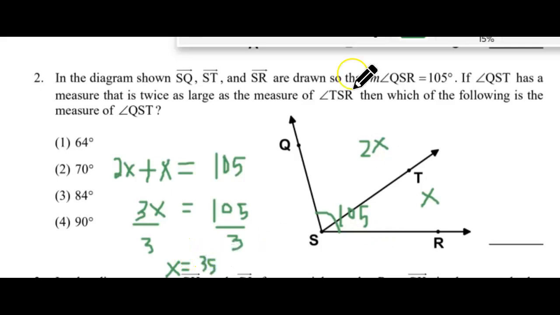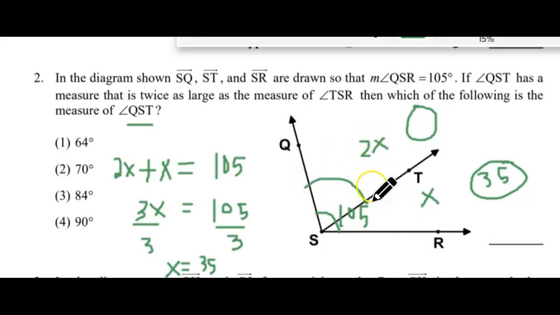Now the question is, which of the following is the measure of QST? If x is 35, what is the measure of this angle? This angle is 35. What is the measure of this angle?